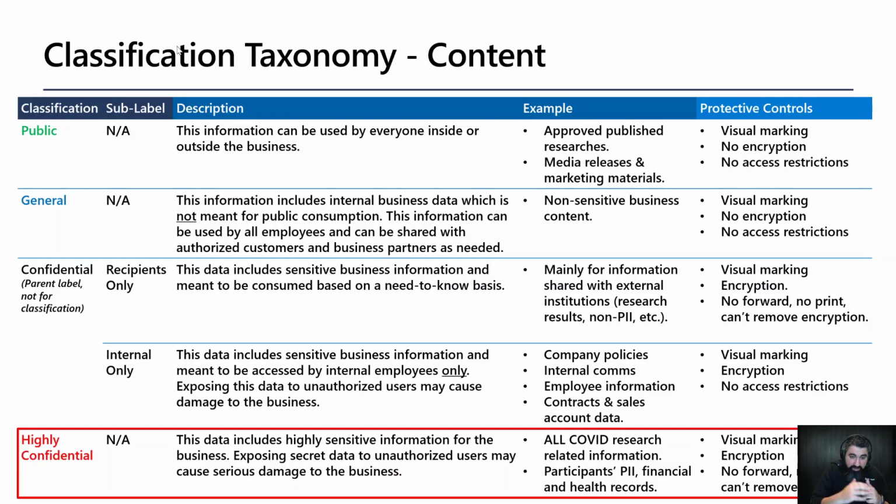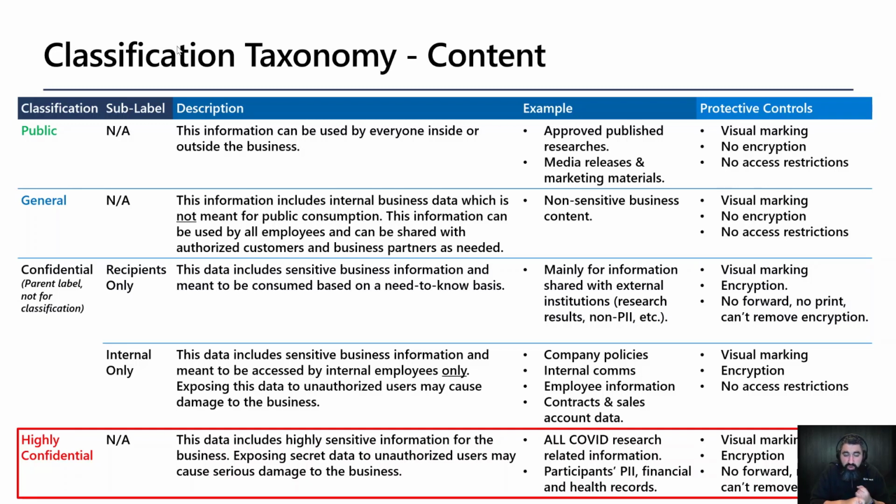We have different levels of damage that can be caused. What sort of data do we have that falls under highly confidential? Well, any COVID research or project related information that we have, which includes participants' PII, financials, health records, etc. So those are very highly sensitive information to our institution.